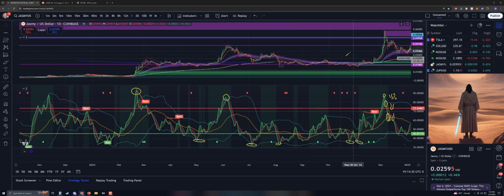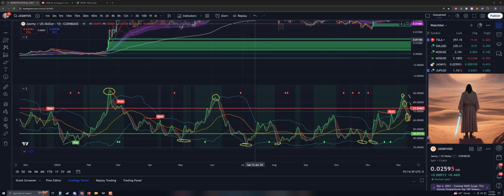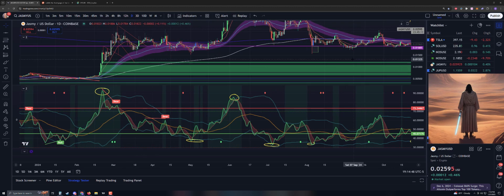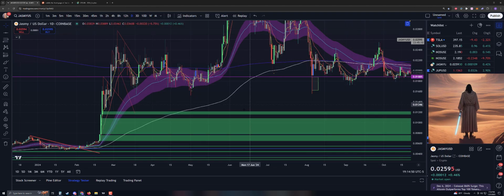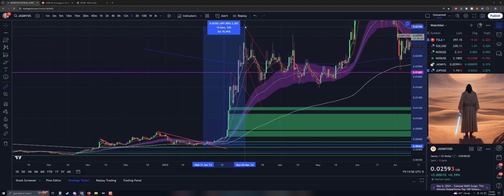All right, so the reason this one, I believe, is off so much is because this move is so monumental. When you're looking at it now, you don't realize how big of a move that is, but that's 500% just right there.